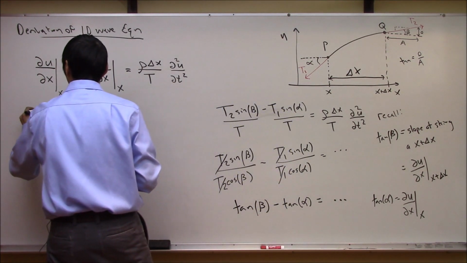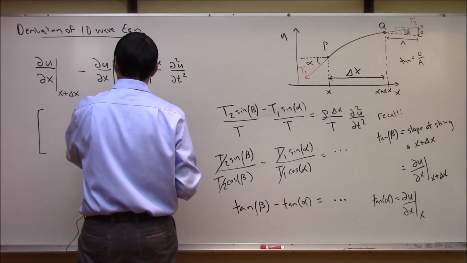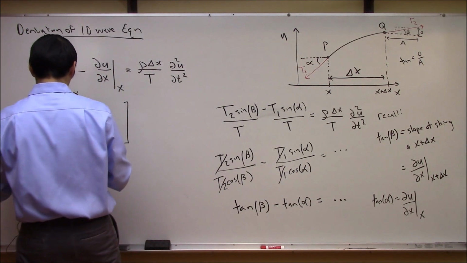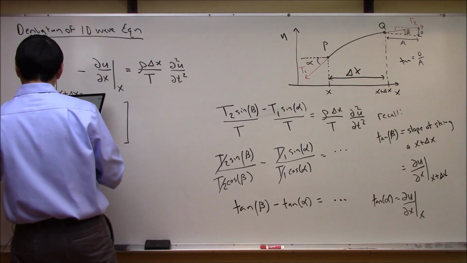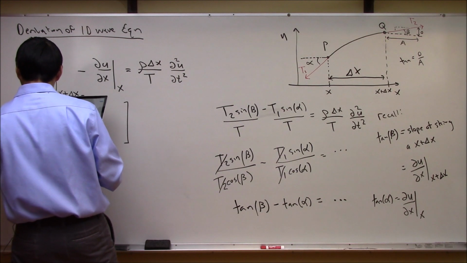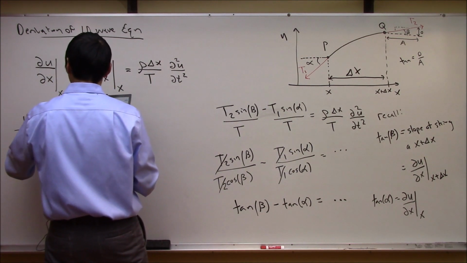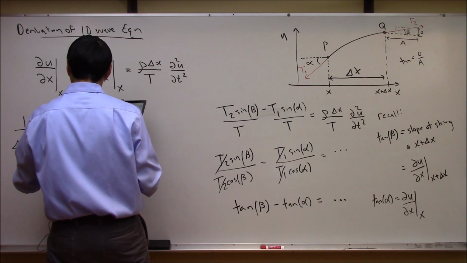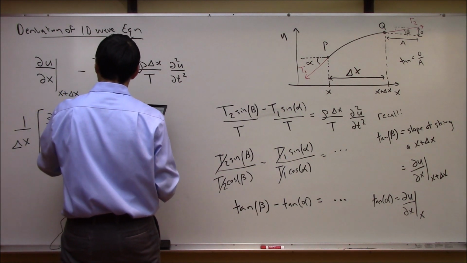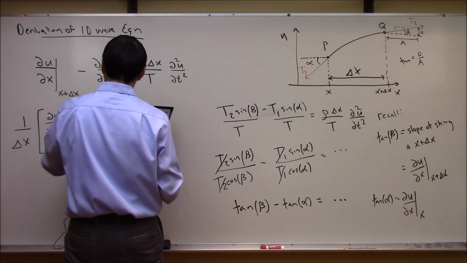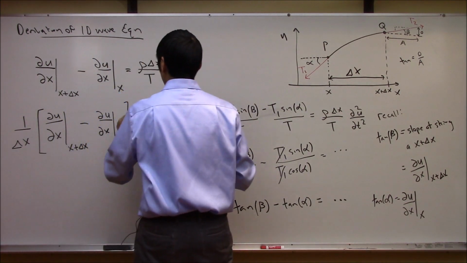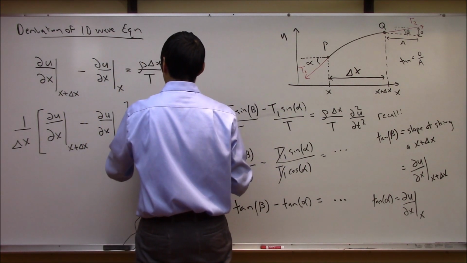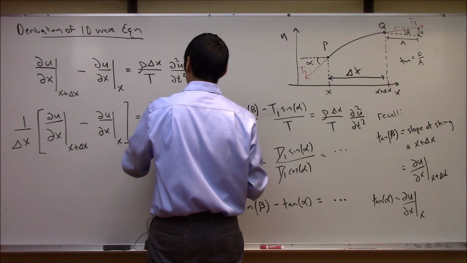So we can write this as 1 over delta x, times the bracket of the partial of u with respect to x evaluated at x plus delta x, minus the partial of u with respect to x at location x, is equal to rho over T times the second partial of u with respect to t.